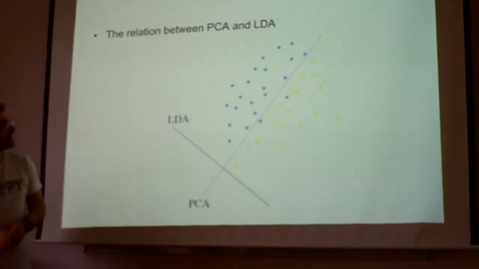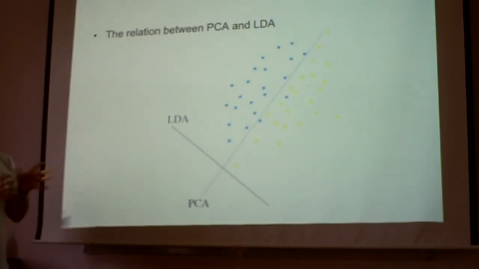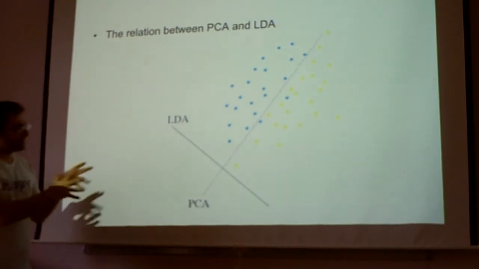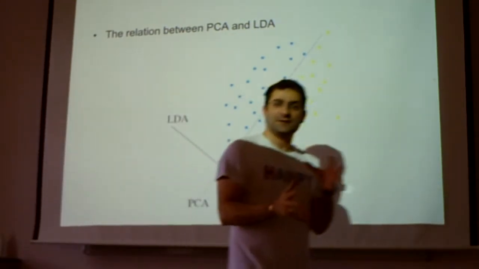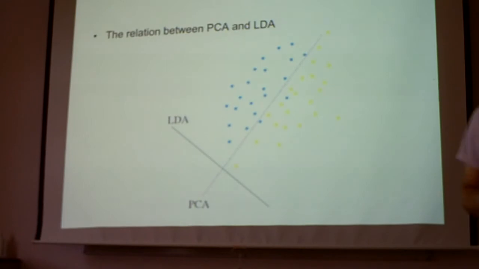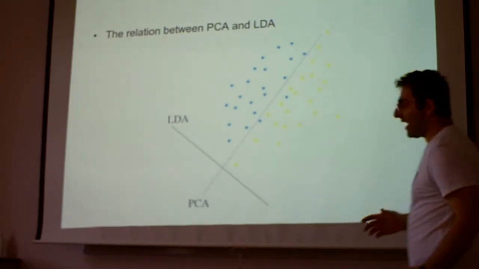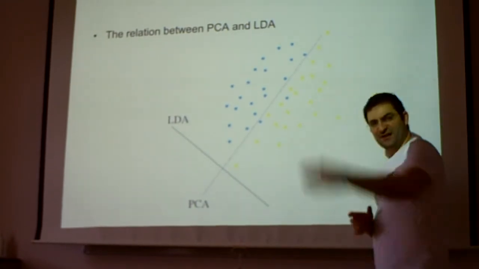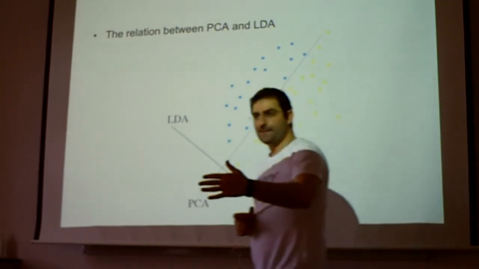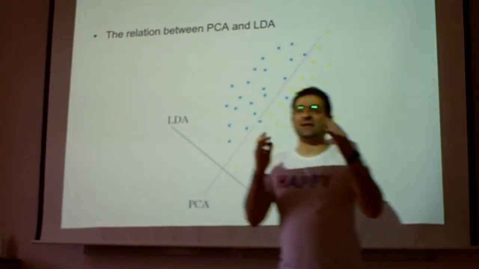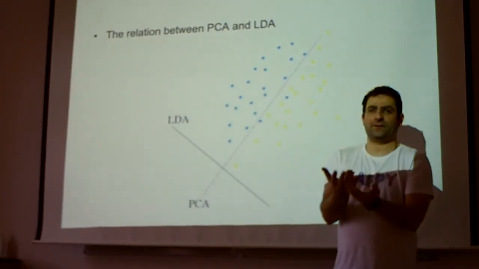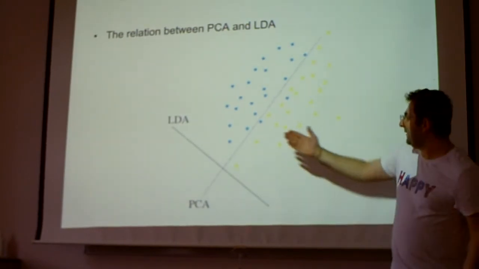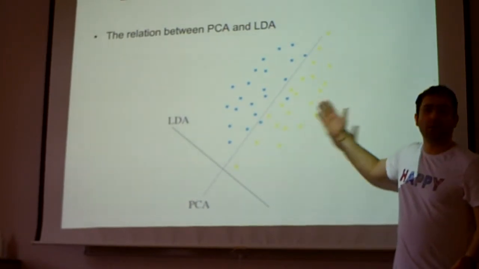Now this is a good graphic. I love this because it shows the difference between PCA and LDA. PCA, as I said, will draw a line which usually goes through the data. And it does not care, I'm repeating myself for the 10th time, whether you are blue or yellow.